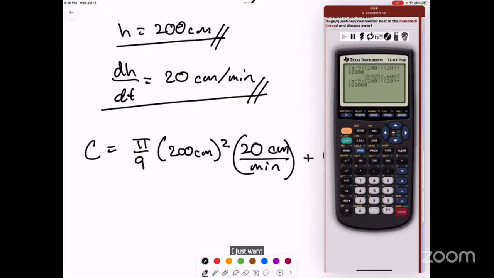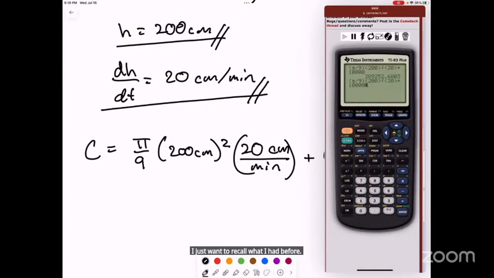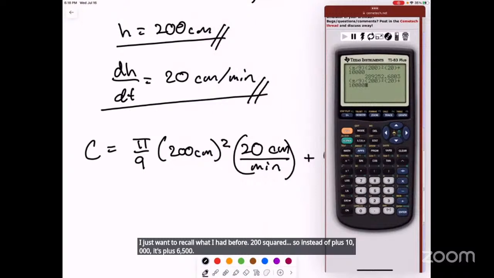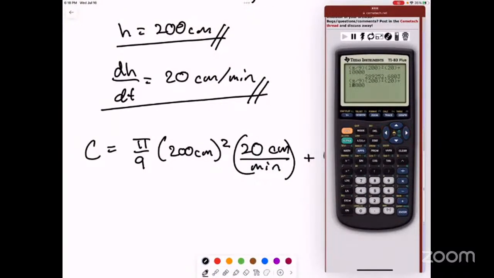I'm just going to recall what I had before. 200 squared. So instead of plus 10,000, it's plus 6,500. I think everything else is the same.